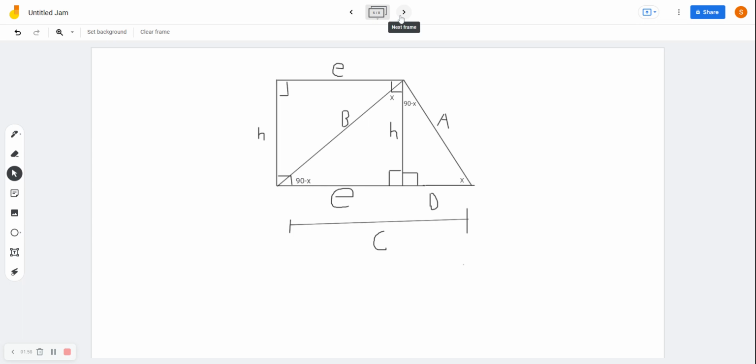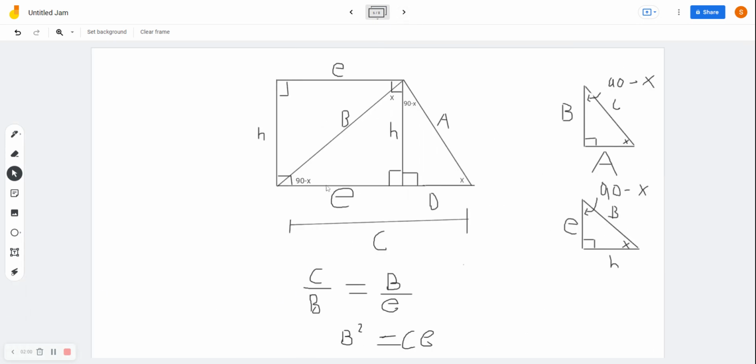So then, with knowing that, we can set up proportions. So we would have a proportion here of c over b equals b over e. We know that because on the big triangle, it would be big over small, hypotenuse over the small, hypotenuse over the small.